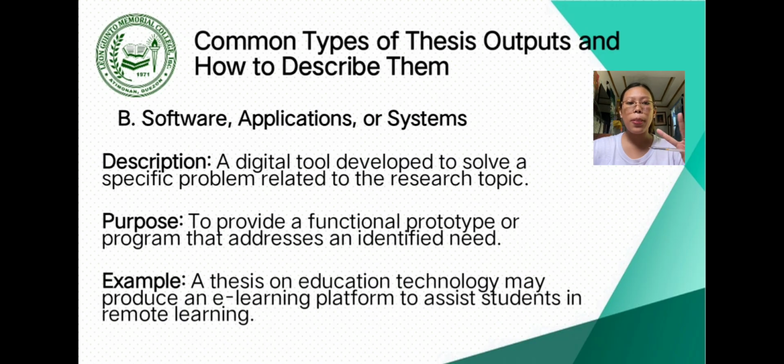Number 2 is the software application or system. It is a digital tool developed to solve a specific problem related to the research topic. The purpose is to provide a functional prototype or program to address an identified need. For example, a thesis on educational technology may produce a learning platform to assist students in promoting learning.